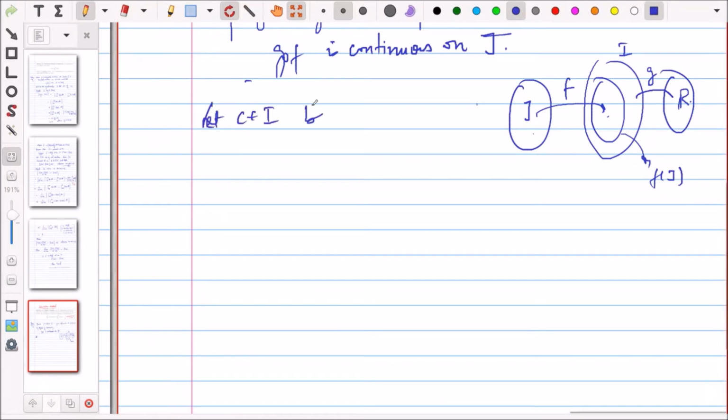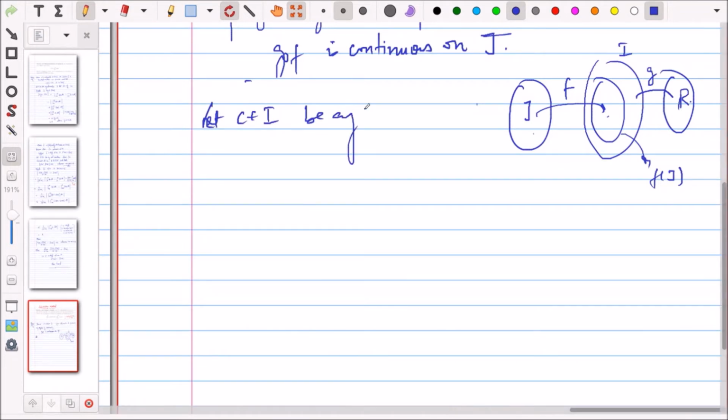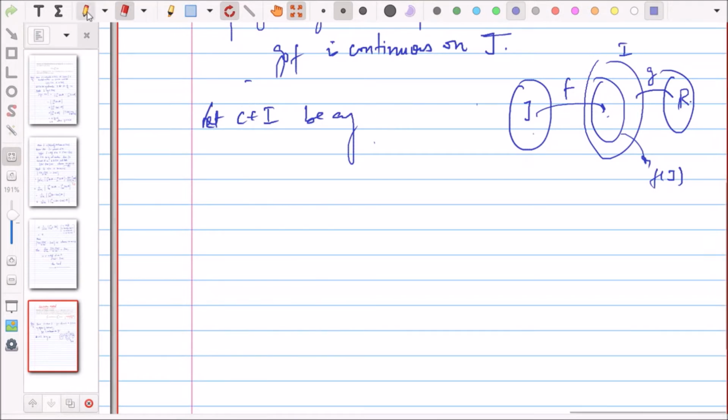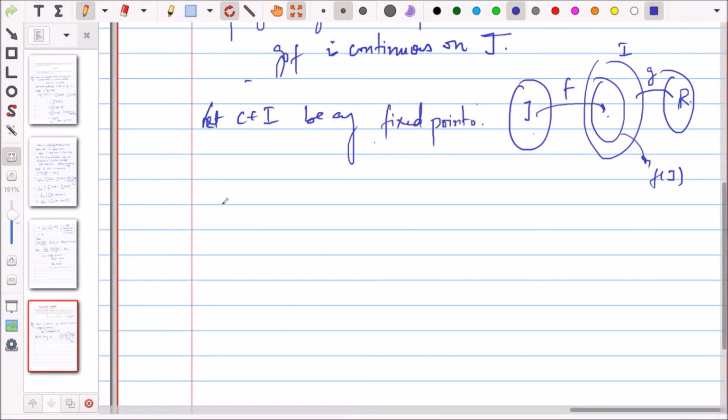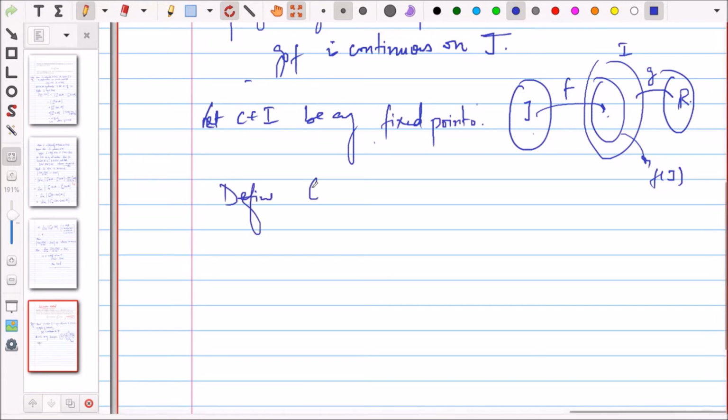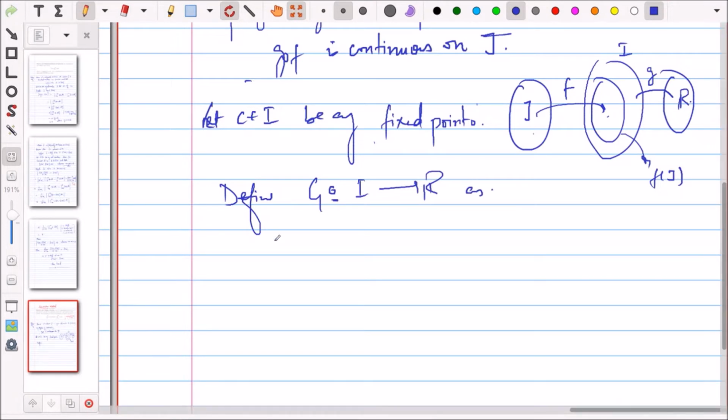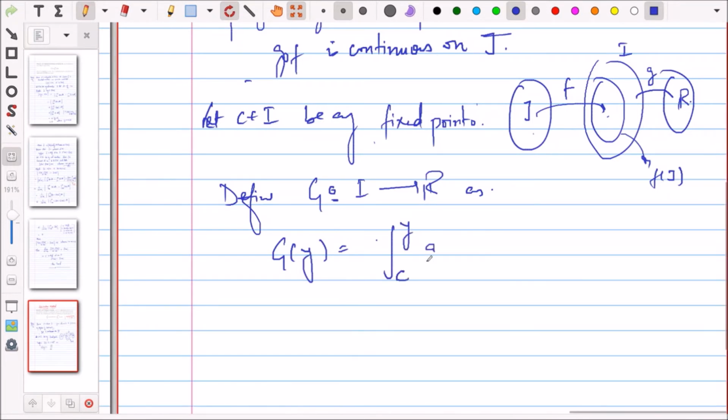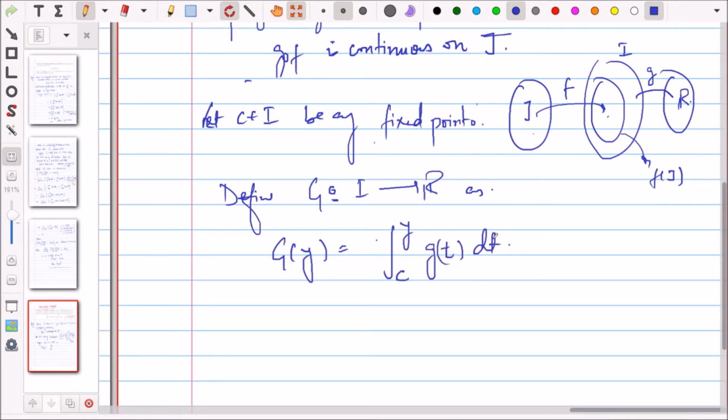C के टर्म्स में डिफाइन कर लेंगे हम. Define G from I to R as G(y) is equal to the integral from C to y of g(t) dt. ठीक है, is it fine everyone?